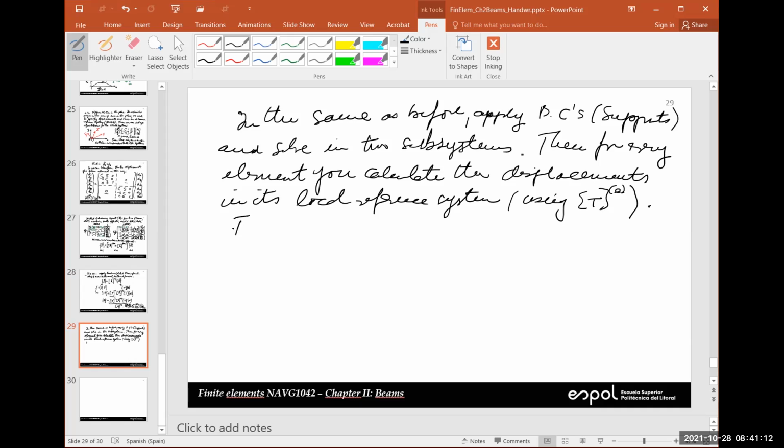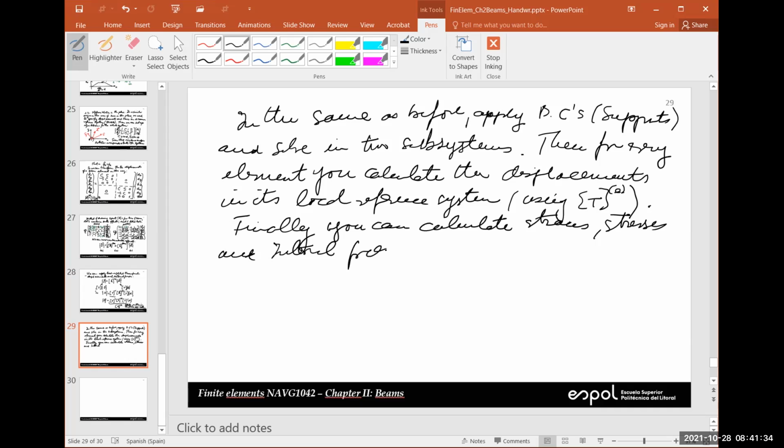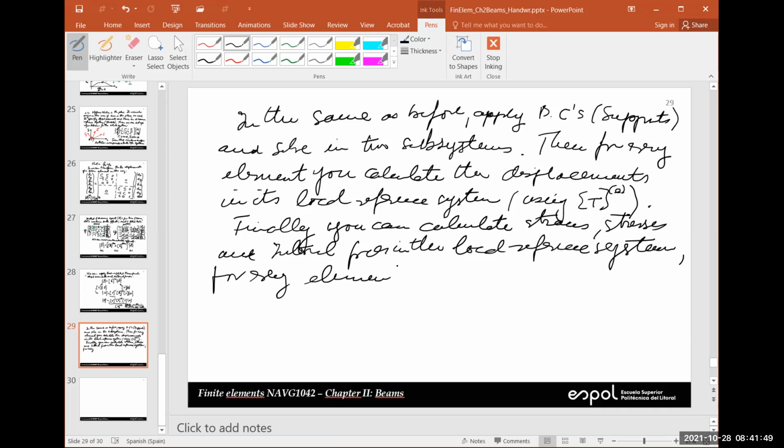And finally, you can calculate strains, stresses, and internal forces in the local reference system for every element. Okay, so the rest is standard.